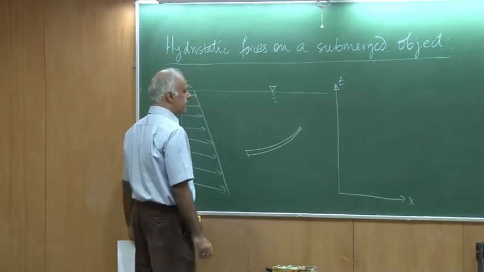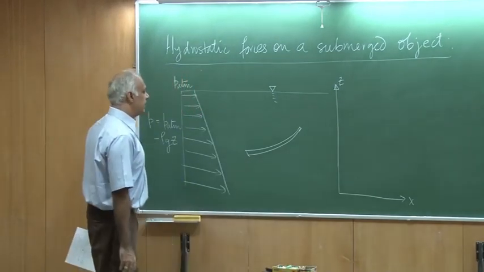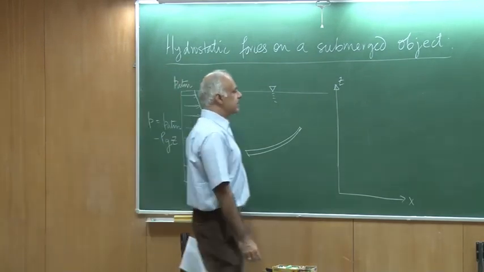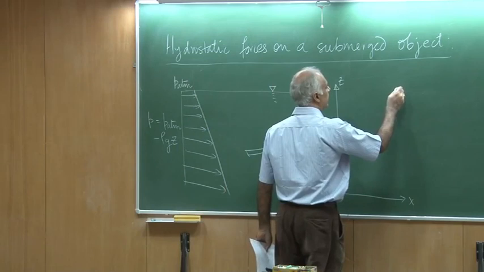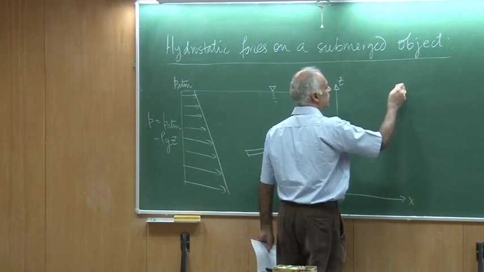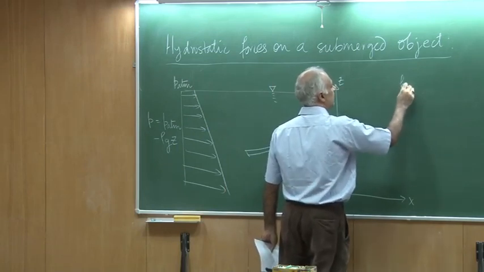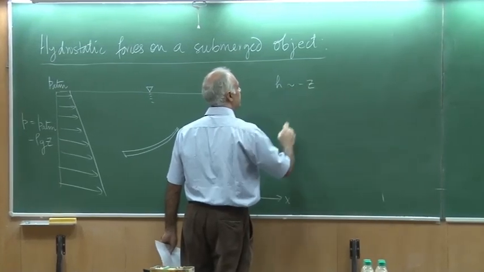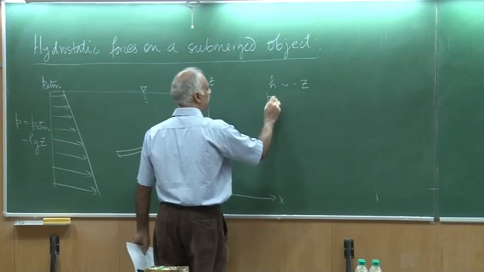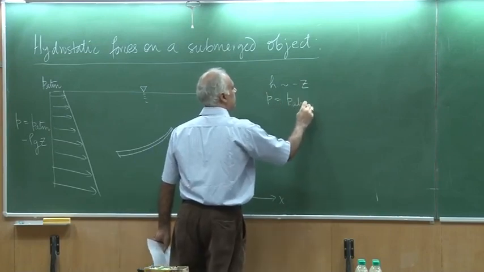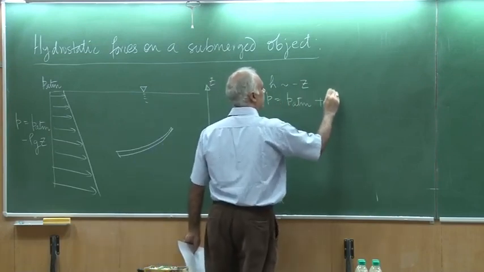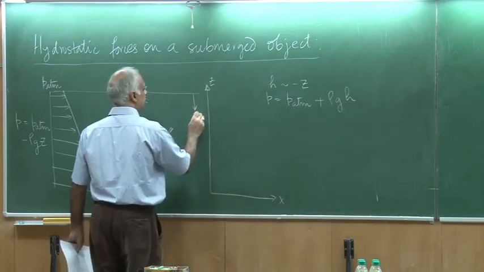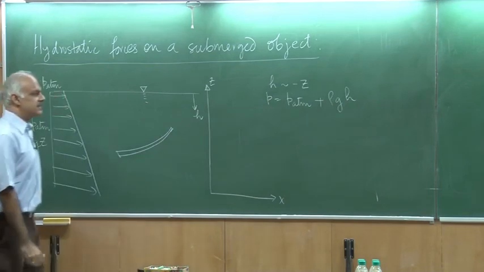All right. I could also come up with a quantity, if you are more comfortable with h, I could say h is simply minus z, and then I could write P as P atmosphere plus rho g h, where h could vary in this direction.